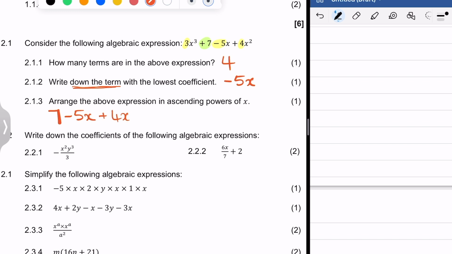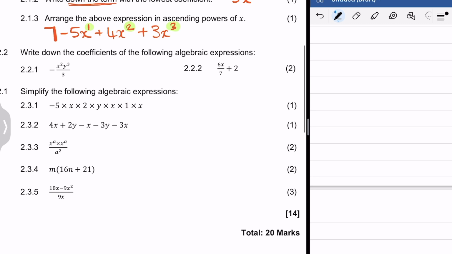And then the next one would be plus 4x to the power of 2, and the last one will be 3x to the power of 3. And we can see here clearly that we've got 1, 2, 3, ascending.